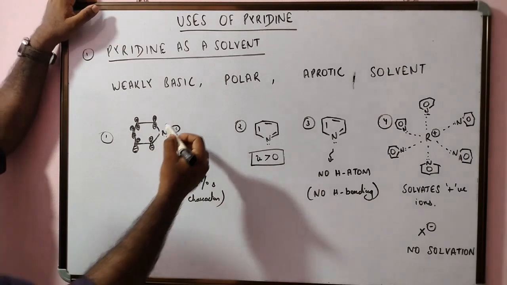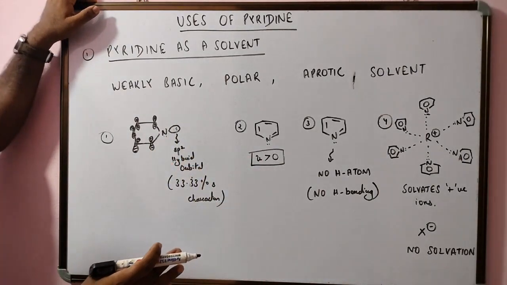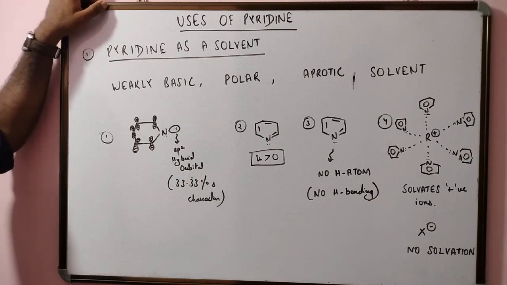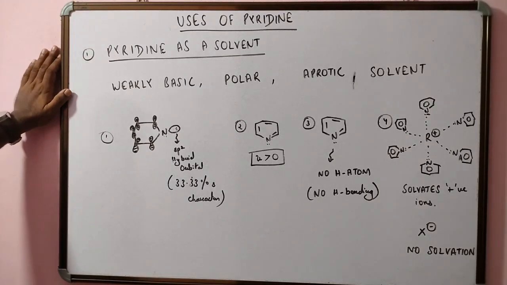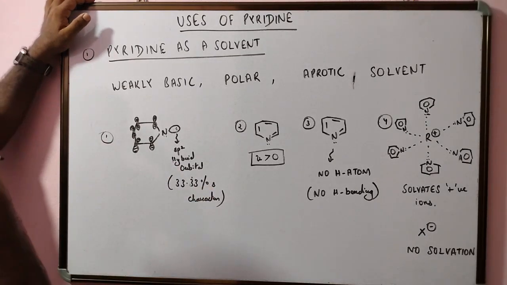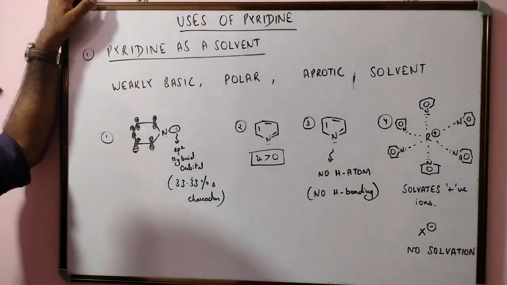In other words, the electrons in the sp2 hybrid orbital are available for donation, and that is what makes the pyridine ring basic. To be very specific, the pyridine ring is weakly basic.